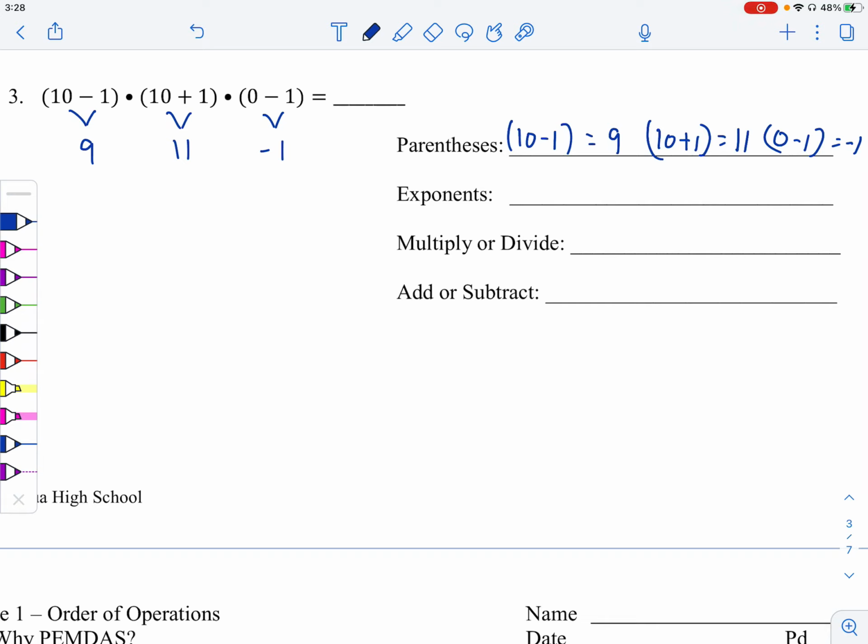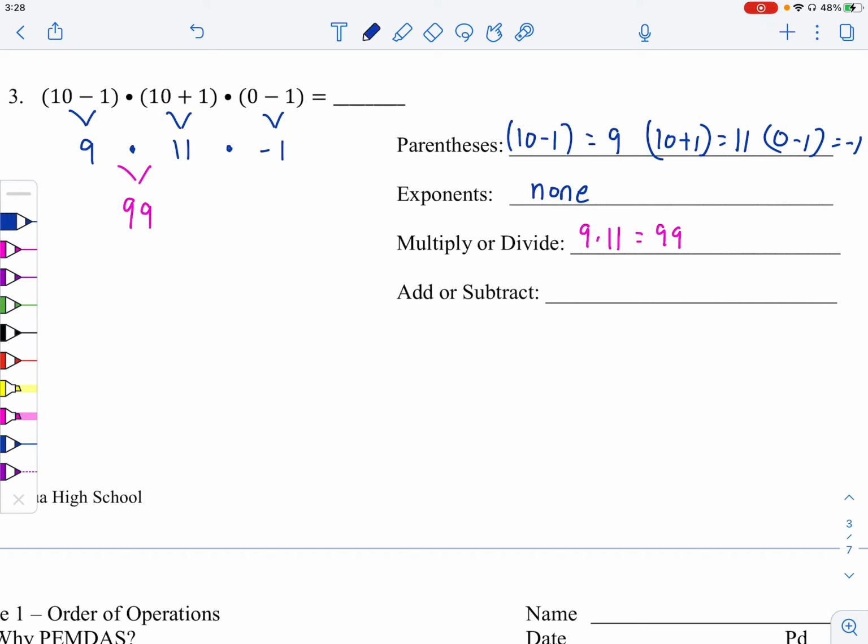And then we still have those dots here, which is multiplying. And we look, do we have exponents? No. So this is none. Multiply or divide? Yes, we do. And we're going to go left to right. Right? 9 times 11 first, which is 99.